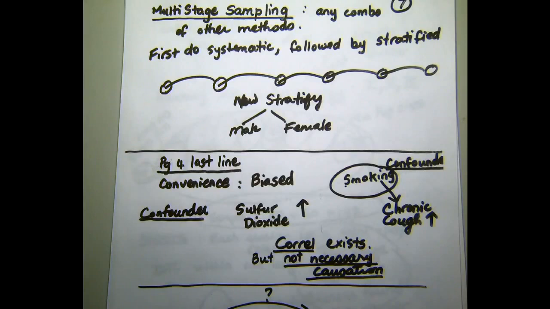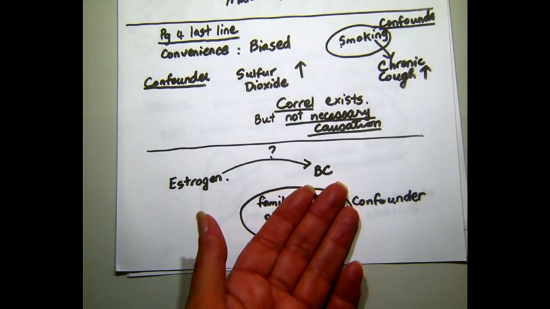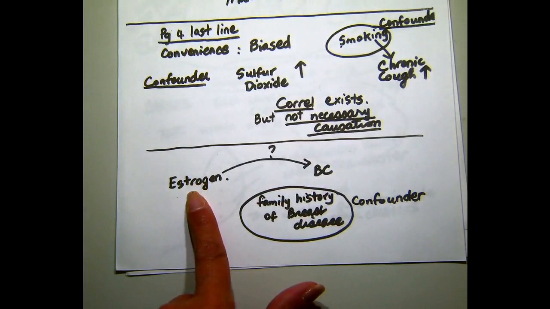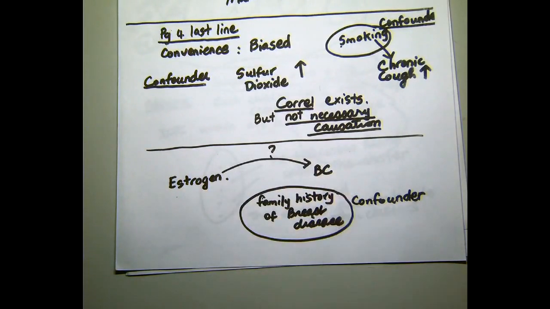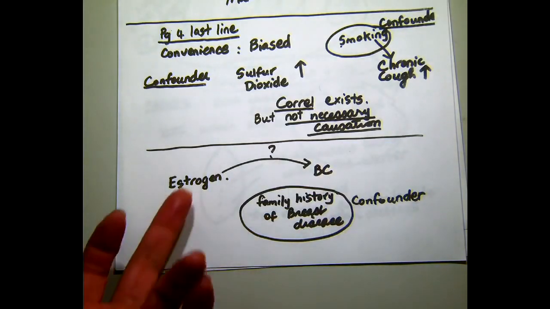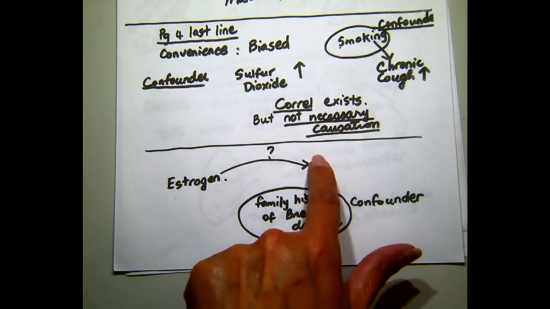Okay, there's something also, here's another example here. Estrogen therapy causes breast cancer. Perhaps. Maybe this is the independent variable and this is the dependent variable. It's a possibility that estrogen therapy causes breast cancer. But maybe it's not the estrogen therapy that's causing the breast cancer. Maybe there's a family history of breast cancer to begin with that's causing the breast cancer.